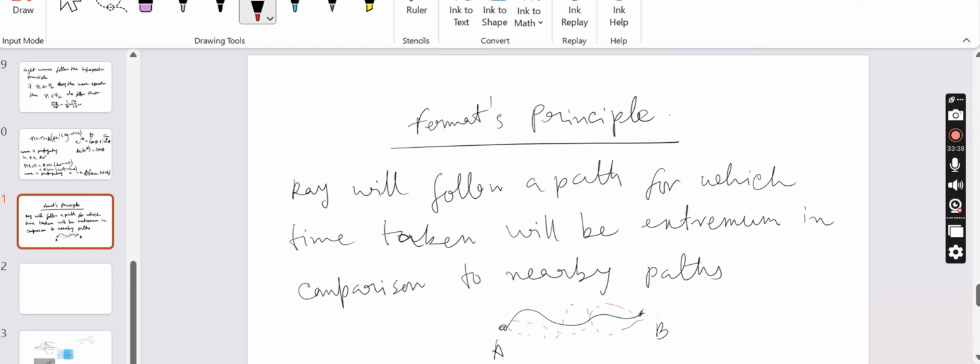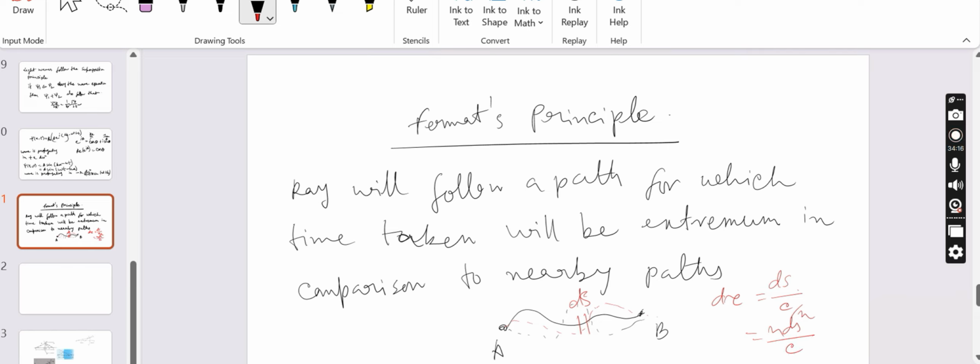The detailed proof the professor has discussed in lecture 3. Basically we divide the path into very fine infinitesimal paths, say ds. To cover that, the time taken is d tau, which is basically distance by velocity. Velocity is c by n, so it becomes n ds by c.